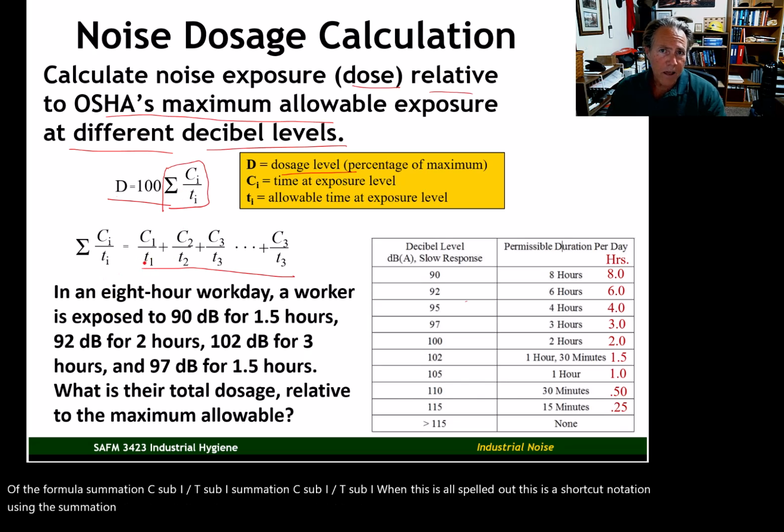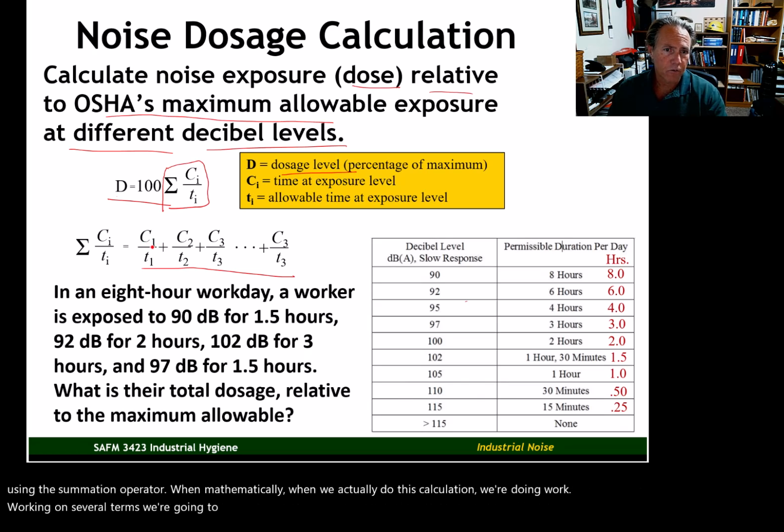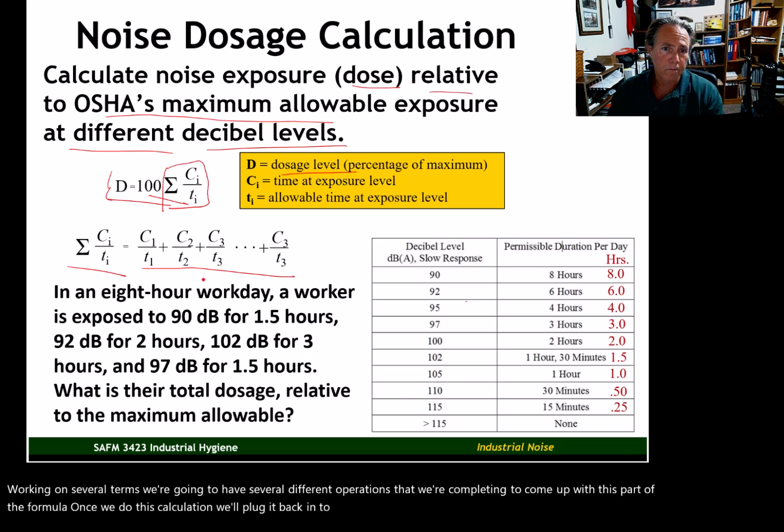Mathematically, when we actually do this calculation, we're working on several terms. We're going to have several different operations that we're completing to come up with this part of the formula. Once we do this calculation, we'll plug it back in to the formula here.